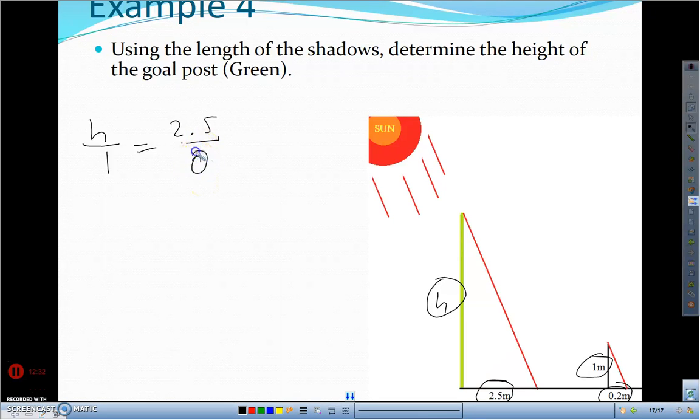The battery's dying on this. So h, well, 0.2 is 1 over 5, so 5 times 2.5 is going to be 12.5.